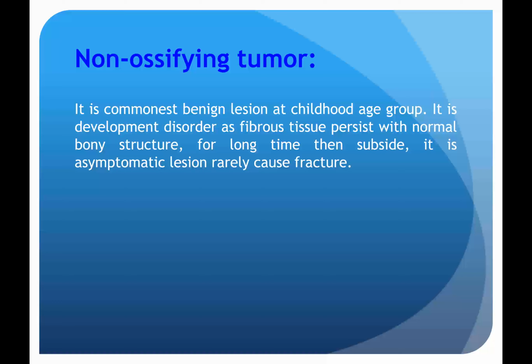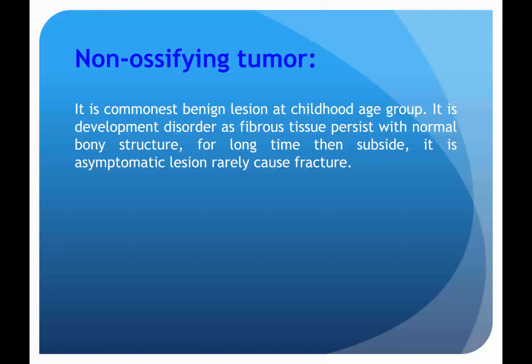This failure leads to formation of fibrous tissue in the bone that replaces the normal bony structure. So it is an asymptomatic lesion, rarely causes fracture, and will disappear when the child grows up.